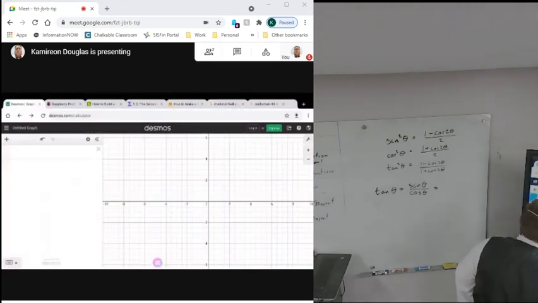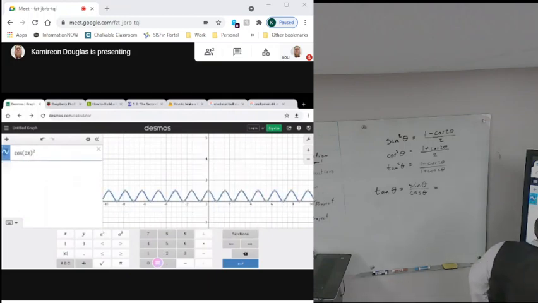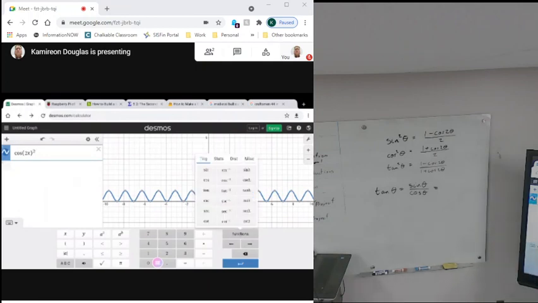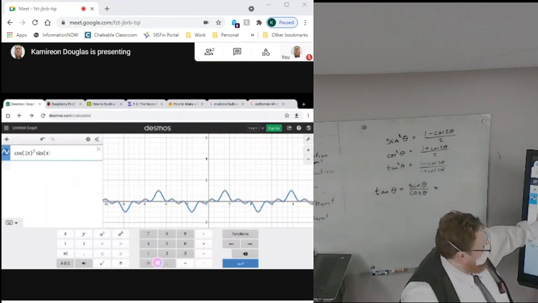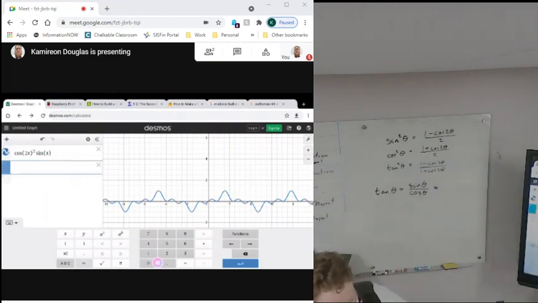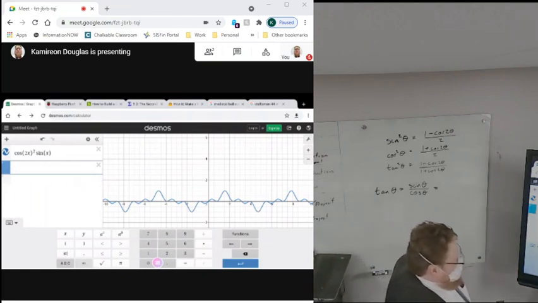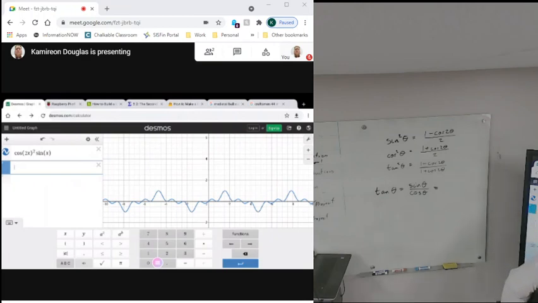Alright, I have cosine of 2x squared times sine of x. Oh, look at that. So pretty. Alright. My other version was a big fraction.